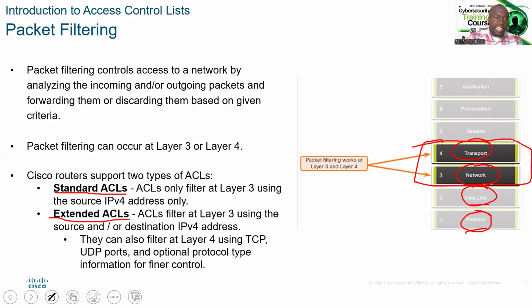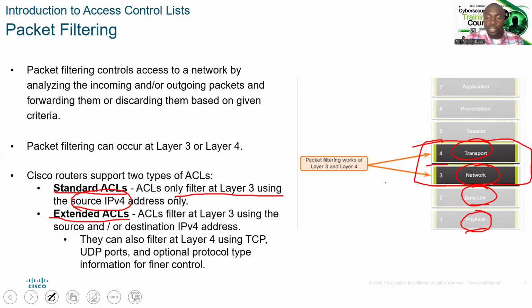The named and numbered can go for both standard and extended. We're going to get to that. But what is standard and what is extended? The standard access list only filters at layer 3. And what does it use? It uses the source IP version 4 address only. That is the standard access list.